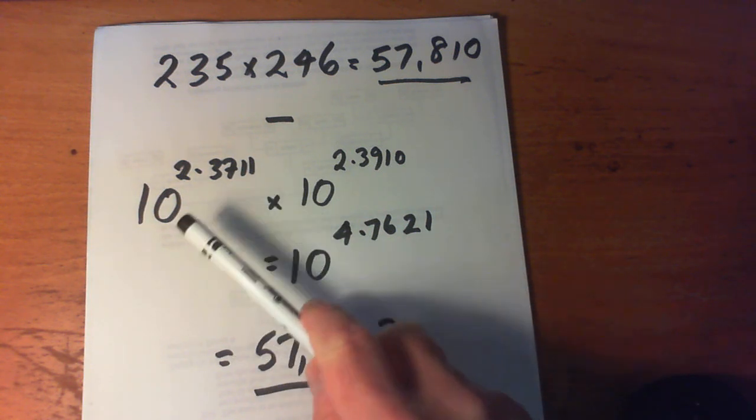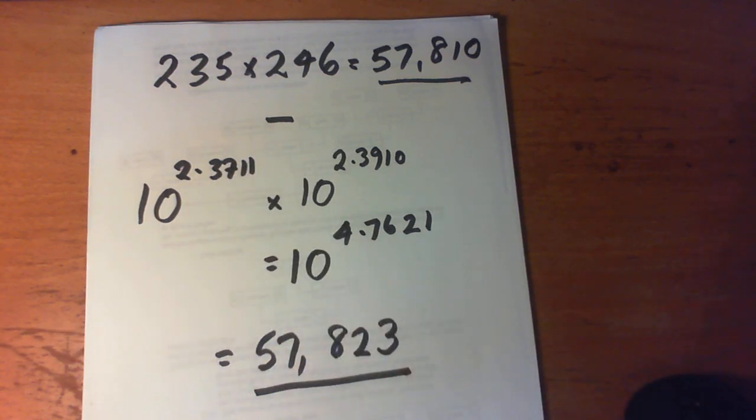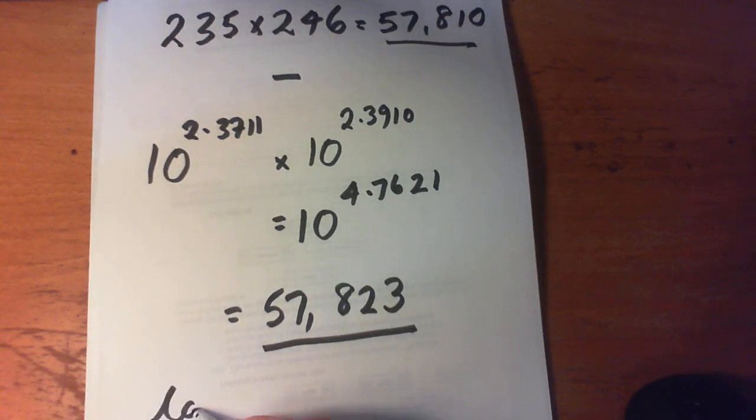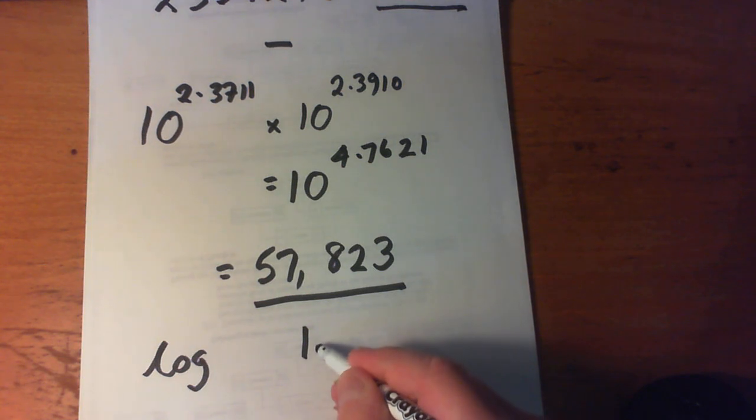You can have logarithms of different numbers. These are logarithms to the base 10. You can have logarithms to any number you want, really. And you've also got what is called a natural logarithm, which is probably denoted on your calculator by ln. The logs to the base 10 are normally denoted as log, whereas the natural logarithm is ln.